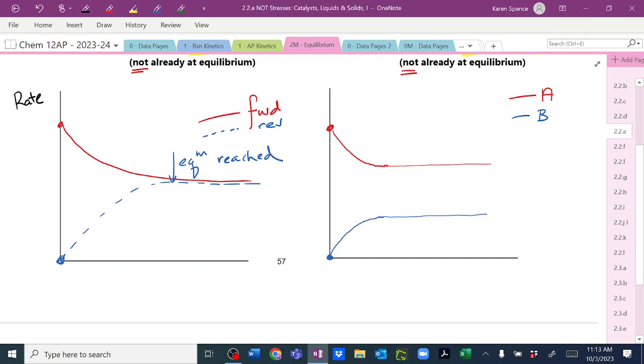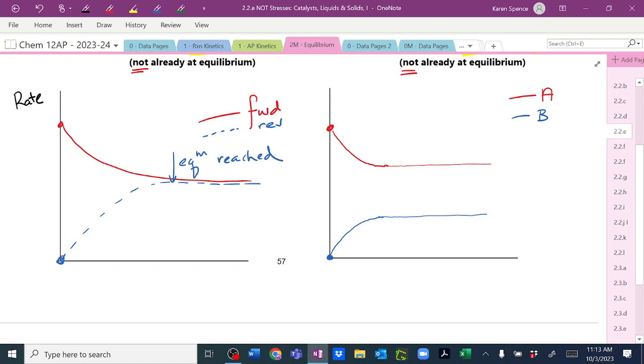What would happen to each diagram if we added a catalyst? It would be a straight line sooner. You would just get there sooner.